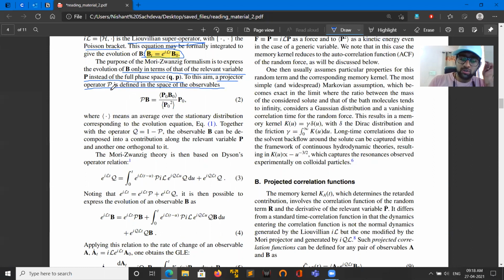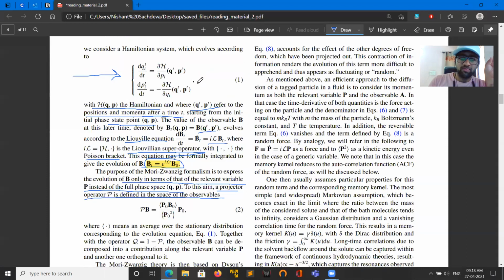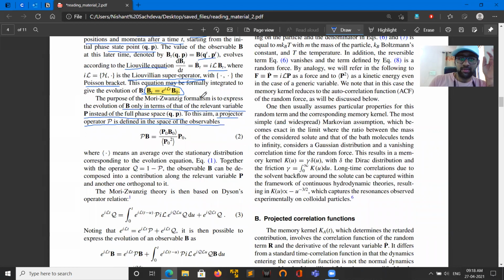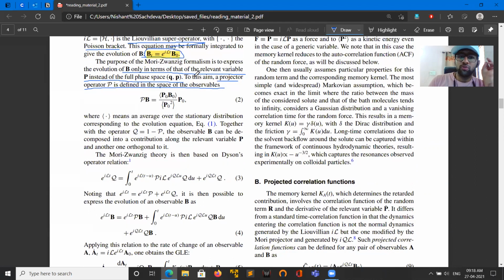Basically, right now it's a function of e, B naught, iL and t, but we want it to be expressed only in terms of the relevant variable P instead of the full phase space. So we don't want Q to be involved, we only want P. For that purpose, a projector operator P is defined in the space of the observable.